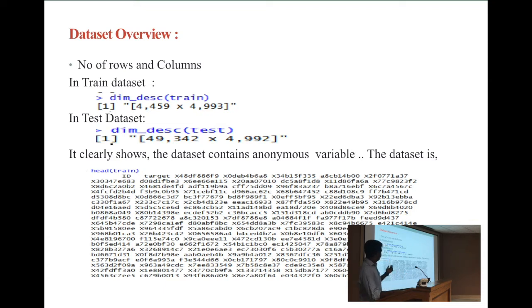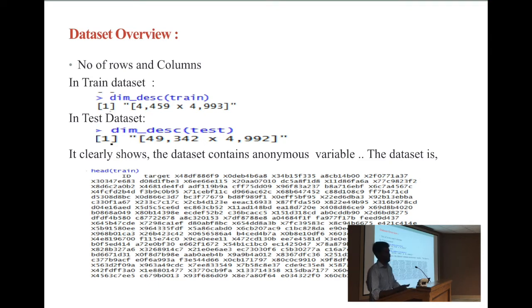In the test data set we can see around 49k rows. They gave more rows, but the columns are the same, 4992. The only difference between the train and test data set columns is that in the train data set they already gave the target column, which they already found out.